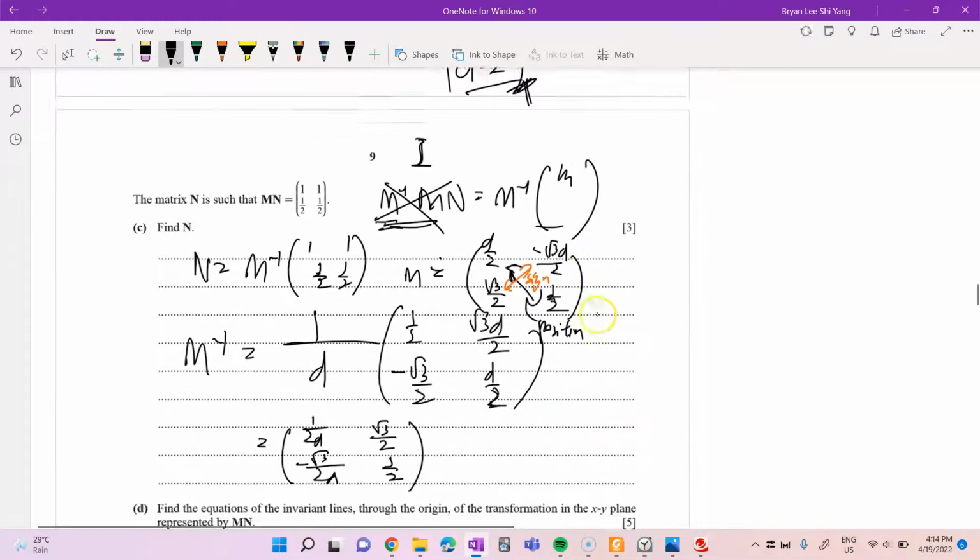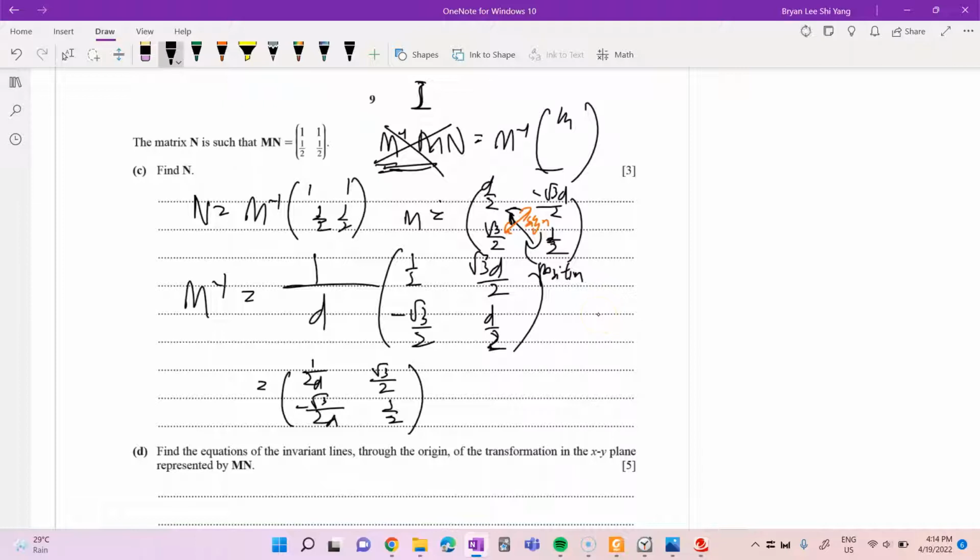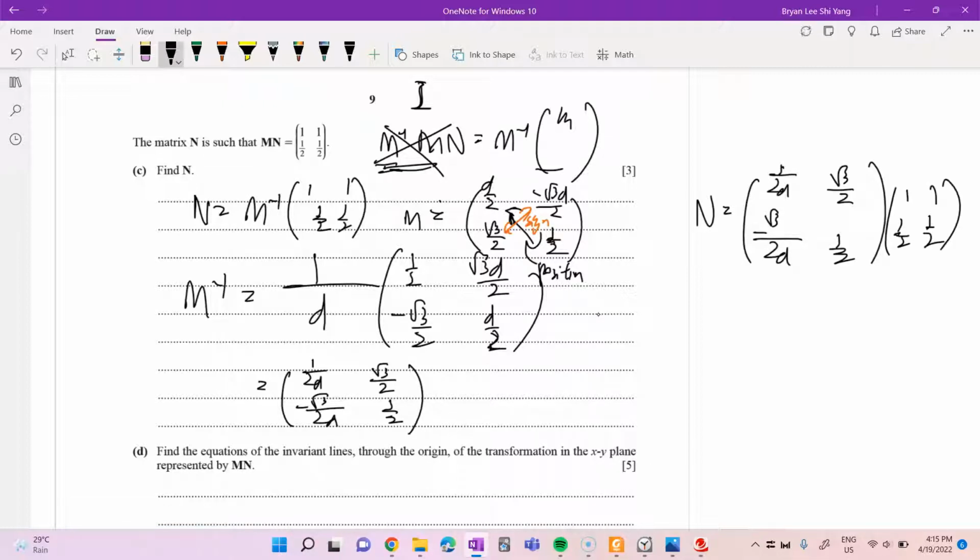And then find n. So we know that n equals that inverse matrix, 1 over 2d, negative 3 over 2d, 3 over 2, and 1 over 2, multiplied by that 1 half thing.